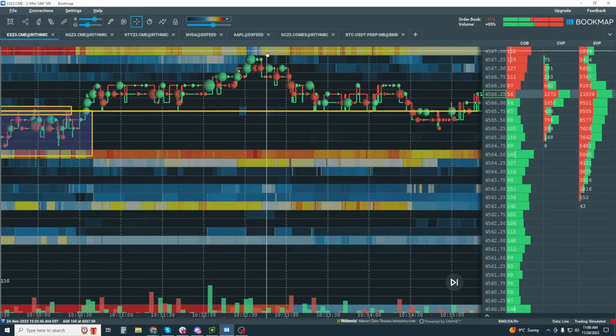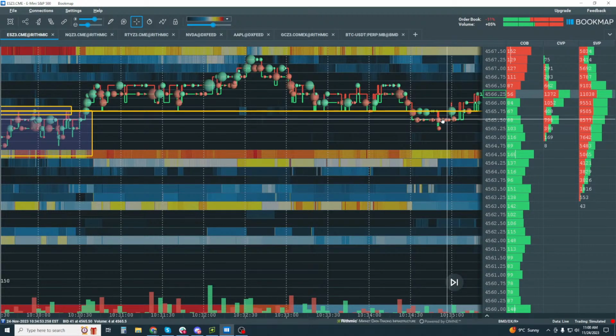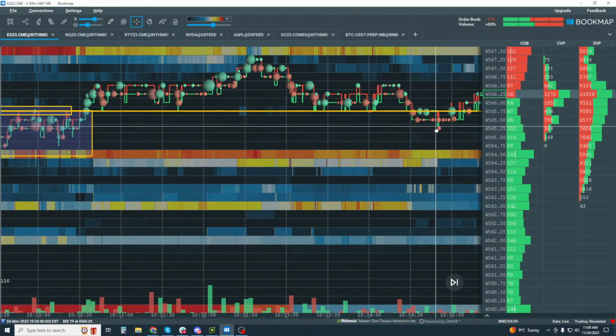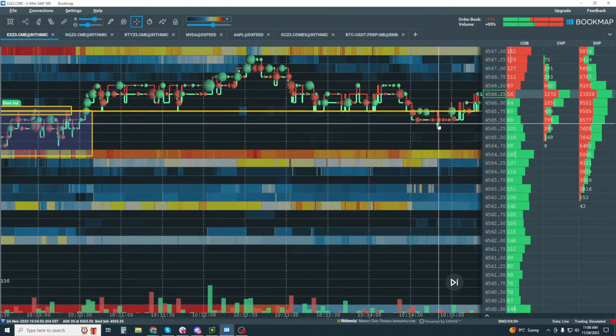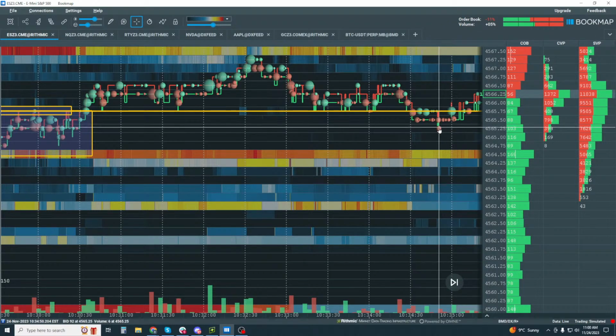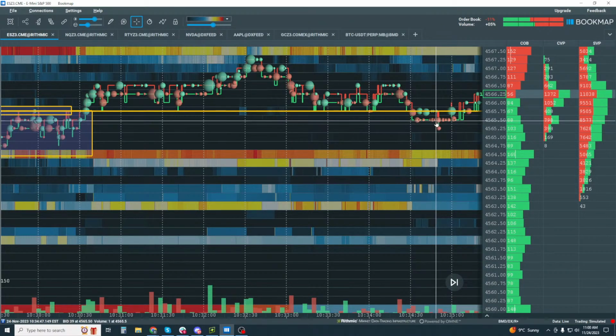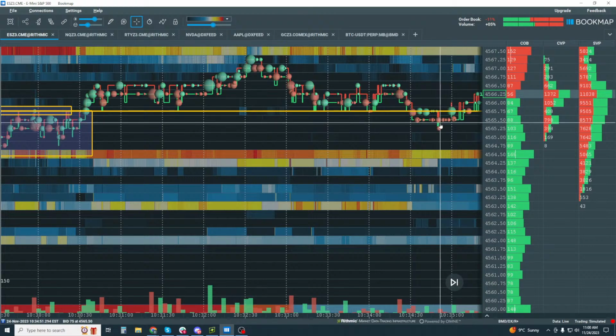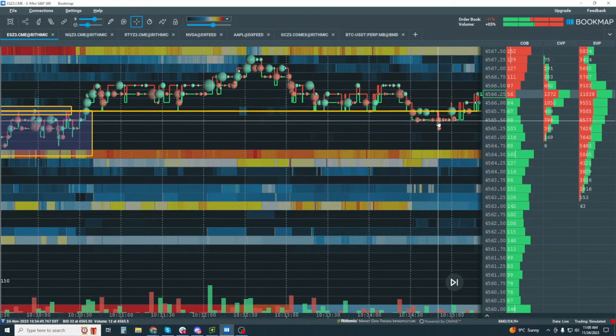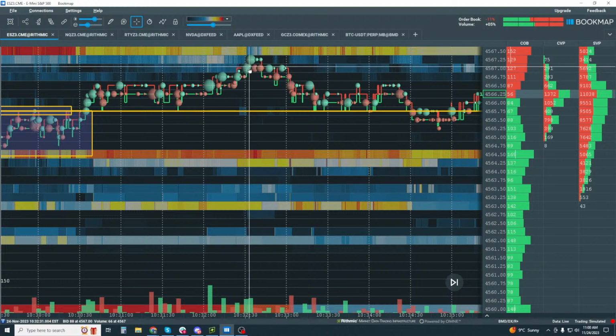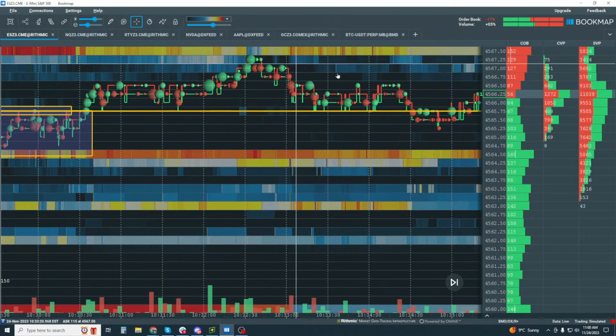We know the liquidity's up here. On the retest, we do not see a whole lot of transactions in here. So the assumption would be that price will probably not accept back down here. It tested, it traded, okay, but it is likely to go back up and trade into these areas here.